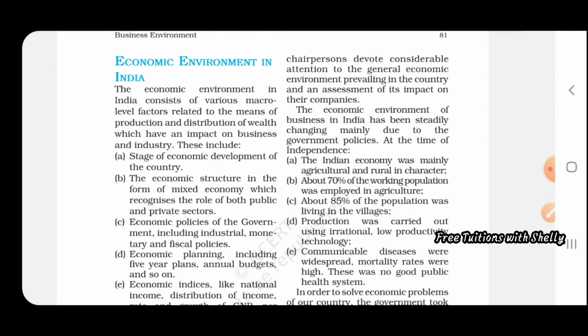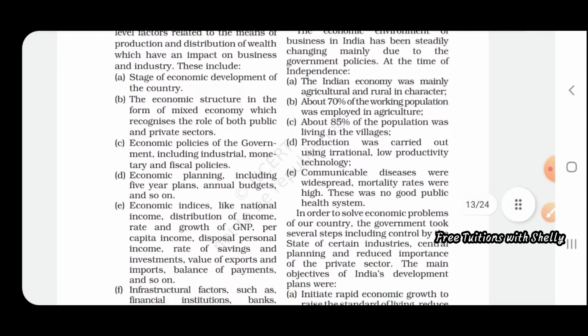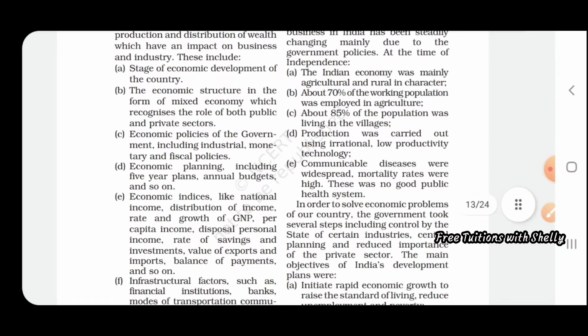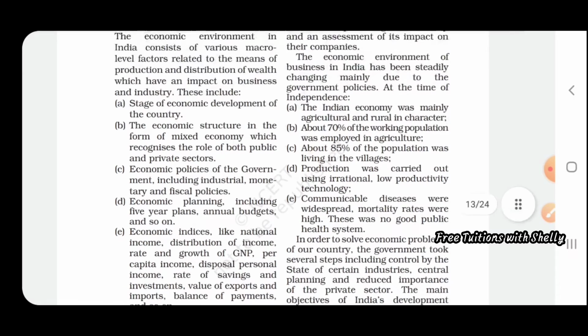So the production and distribution of wealth is included in the economic environment, and this includes different stages of economic development of the country, the economic structure, whether it is a mixed economy, a capitalist economy or a socialist economy, then economic policies of the government including monetary, fiscal policies and the 5-year plans, new economic policies, economic indices like national income, GDP, per capita income, rate of savings, rate of interest, then infrastructural factors like institutions, financial institutions, banks, mode of transportation, communication. All these come under economic environment.